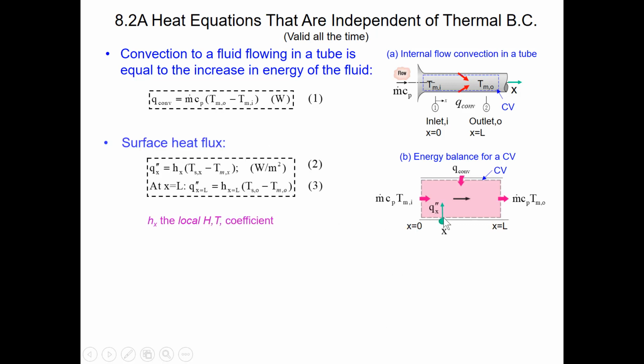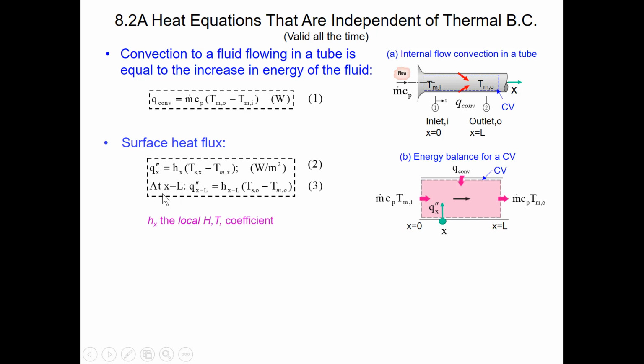If we're interested in the heat flux at a specific location x, equation 2 relates the surface heat flux at the specific location x to the local heat transfer coefficient and the temperature difference between the solid surface and the moving fluid at that specific location x.